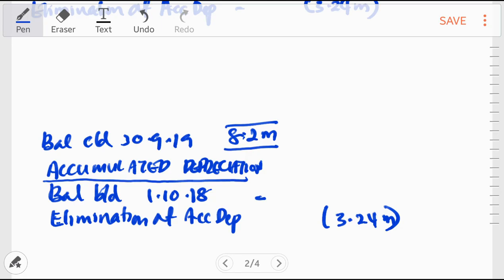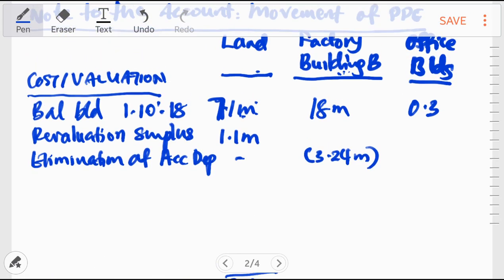And since the revaluation took place at the beginning of the year, 1st of October 2018, your depreciation will have to be recalculated, right?